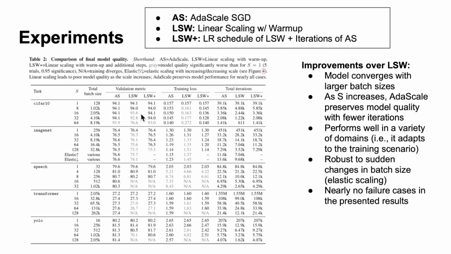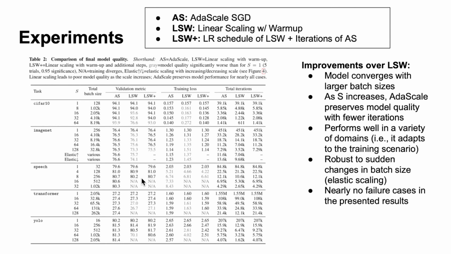When you scale up the batch size to 2,000 elements, you start to see a significant decrease in performance. And in areas like here, you see that the model even begins to diverge, which is not good. So it's clear that AdaScaleSGD has improvements over the linear scaling rule and works in more cases, as well as just larger batch sizes in general.